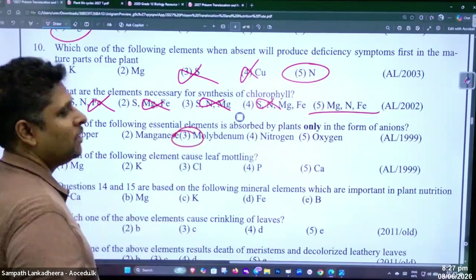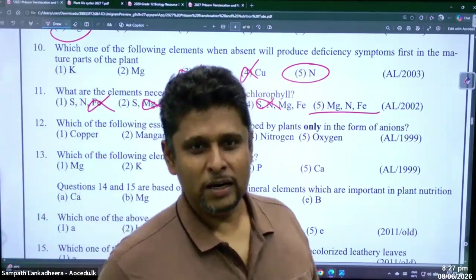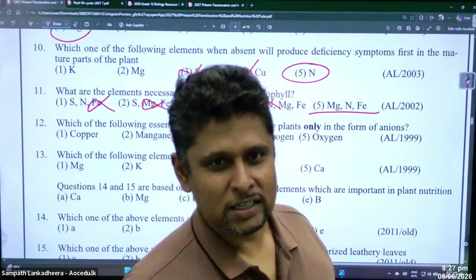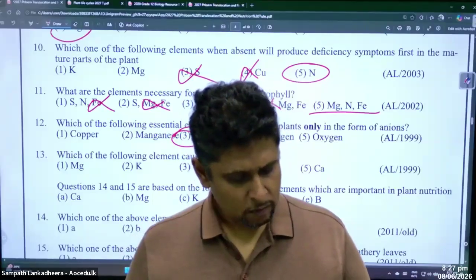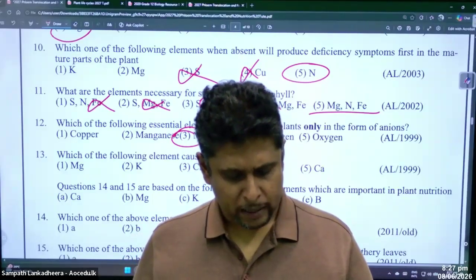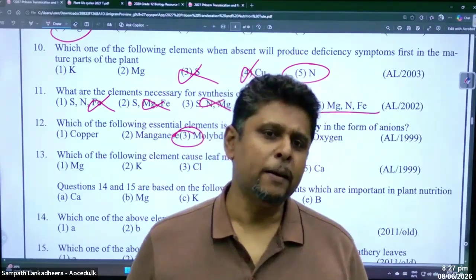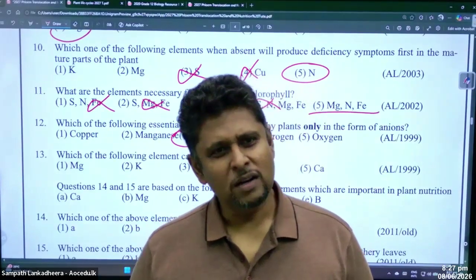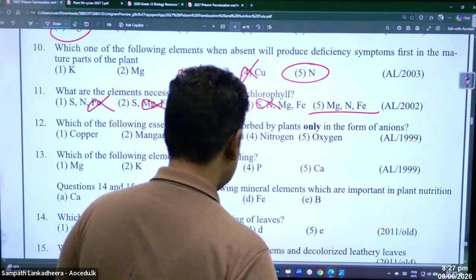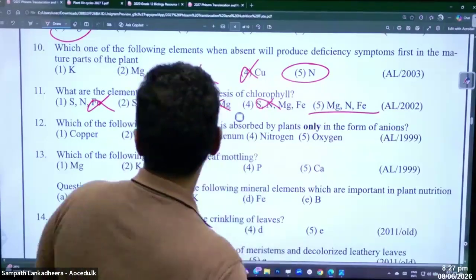Molybdenum is number 3. Which of the following element is absorbed by plants only in the form of an anion? Isn't it molybdenum? It has to be molybdenum.